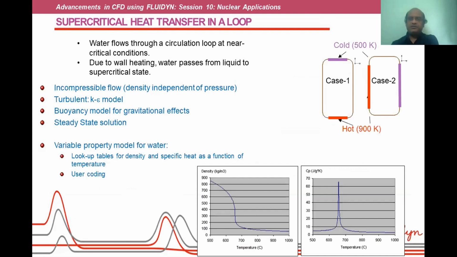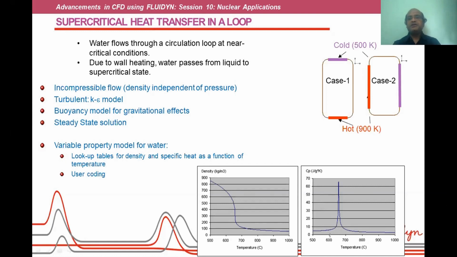As we have seen yesterday, in the case of carbon dioxide dispersion or discharge, in the carbon dioxide capture and sequestration problem, I have mentioned that when the fluid gets into a supercritical state, the main problem is that the thermodynamic properties, such as specific heat and density, can change rapidly within a short range of temperature.